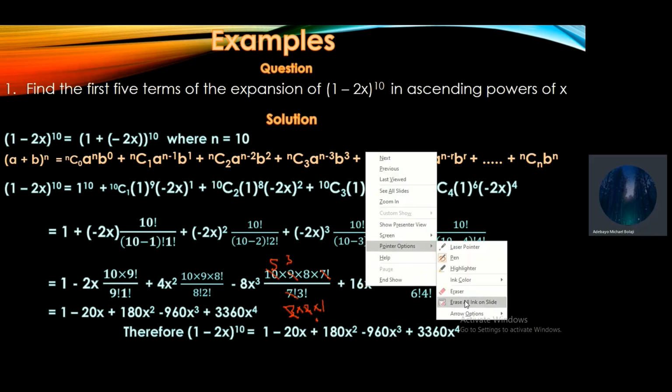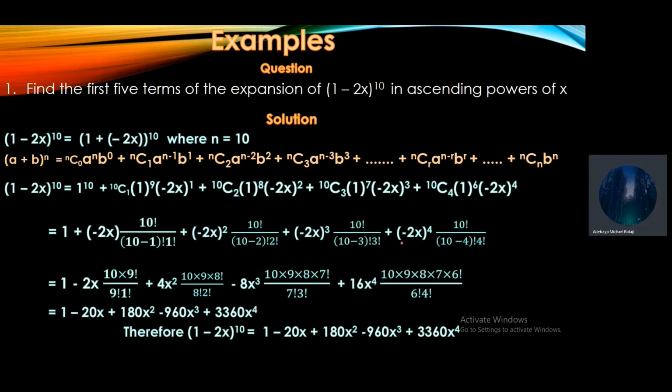Okay, let's continue. Now the same thing with this last term. This last term, minus 2x raised to the power of 4, will give us plus 16x raised to the power of 4. I'm sure you should know how by now. Then 10 minus 4 will give us 6 factorial. So we break this 10 factorial to give 10 times 9 times 8 times 7 times 6 factorial. This 6 factorial cancels 6 factorial, whereas 4 factorial will give us 4 times 3 times 2 times 1.